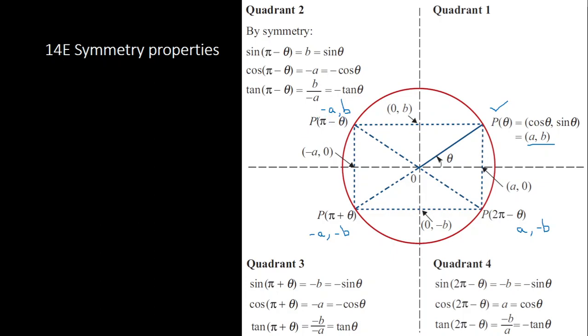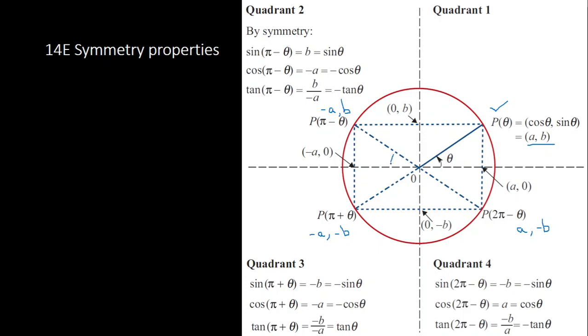So for example, with that point, graphically we can see they have the same y coordinates. Now the angle in that second quadrant is not theta like we have here, it's actually pi minus theta.